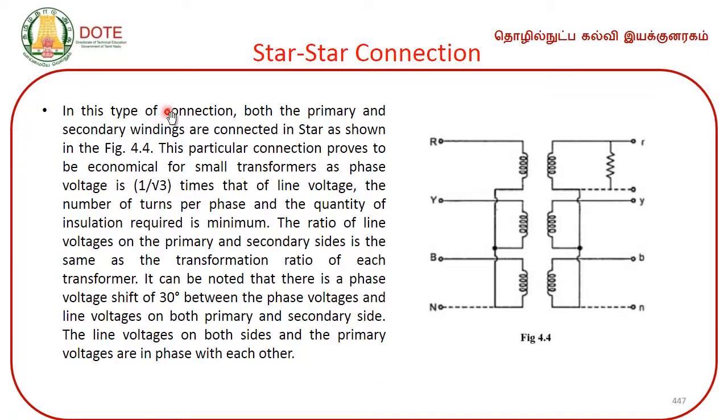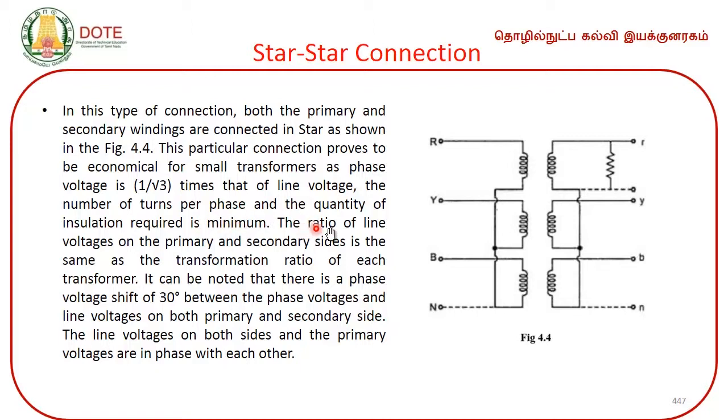In this type of connection, both the primary and secondary windings are connected in star, as shown in figure 4.4. This particular connection proves to be economical for small transformers, as phase voltage is 1 by root 3 times that of line voltage. The number of turns per phase and the quantity of insulation required is very minimum.